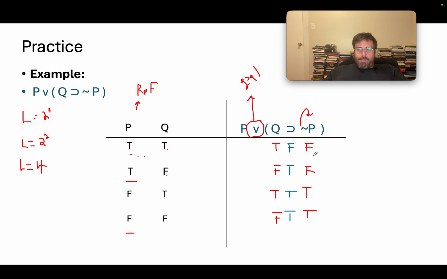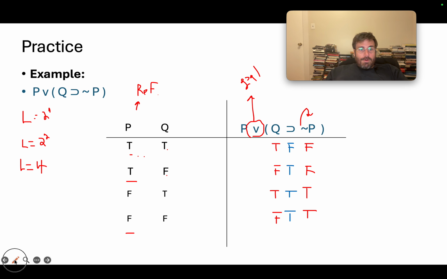I think it's useful, by the way, when you're writing these to use some different colors so we can differentiate what the values are within our more complex statements, such that we can visually eyeball that these are the values for horseshoe rather than Q and not P. Okay, so now we're bringing together the values of horseshoe with the disjunction.